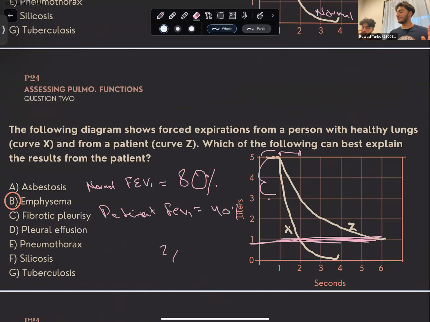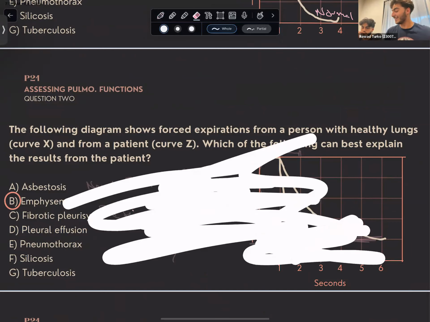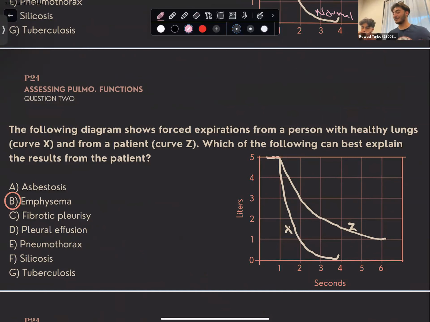I just made a really big mistake. I'm really glad you guys caught that. I'm not going to act like I did that on purpose. Actually, it's not 5 liters. It's 4 liters because you're going up from 5 to 1. So this is 4 liters, and you're exhaling 2 liters in 1 second. So it's 2 out of 4 actually, so it would be 50%.